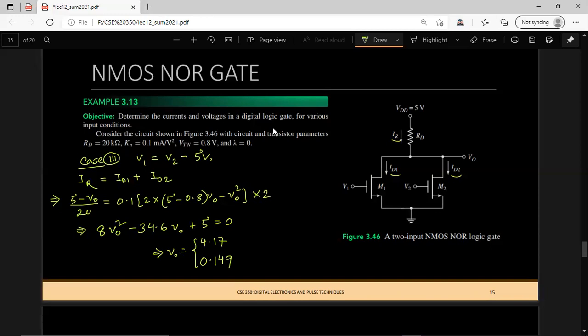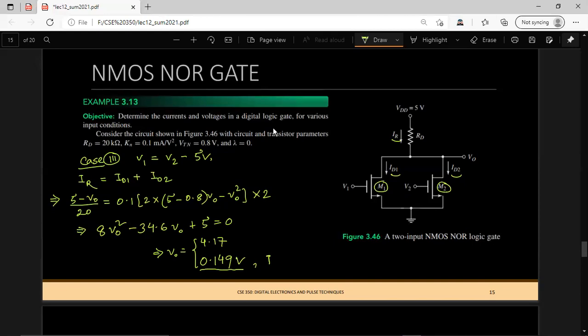We are assuming M1 and M2 are operating in the triode region, and you can see 4.17 would not meet this criterion. If the output voltage were 4.17, then both of these transistors would not operate in the triode region. So therefore 0.149 should be the correct result, and the triode region condition is satisfied if we use the output voltage of 0.149.